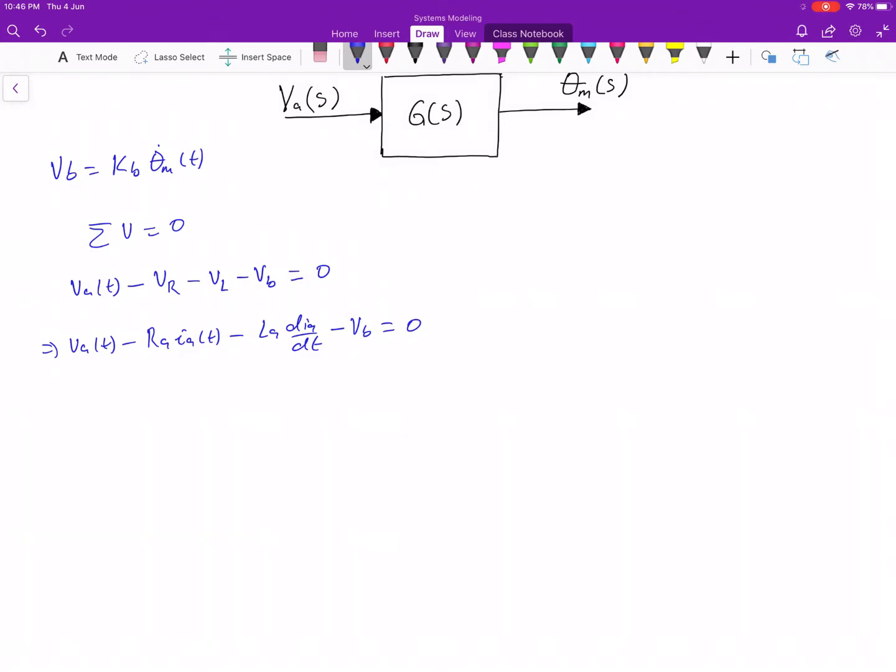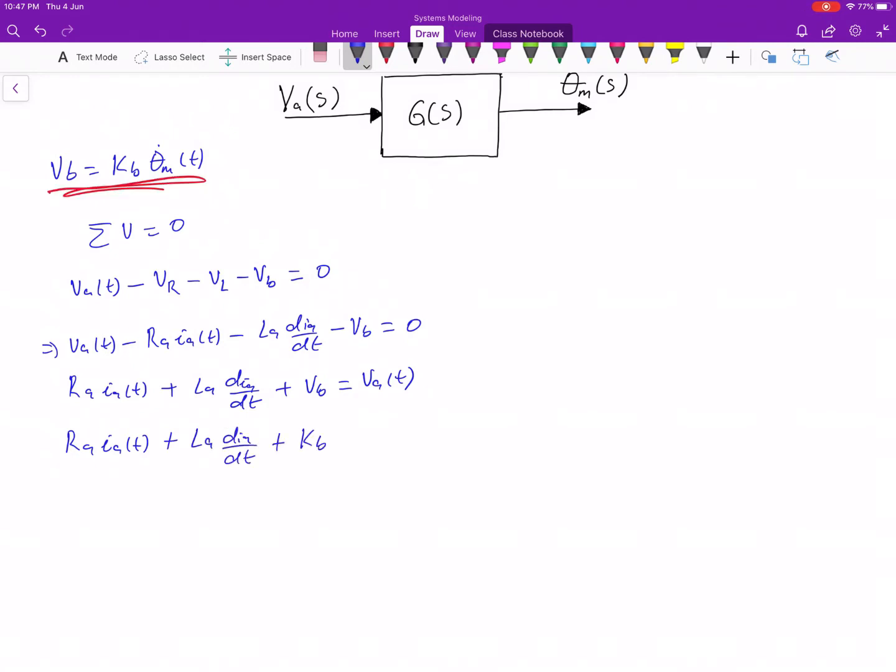So I can rewrite this as RA IA(t) plus LA dia/dt plus VB is equal to your supply voltage. So we can rewrite this equation, substituting our VB into the equation. So we are going to have RA IA(t) plus LA dia/dt plus KB theta dot m(t) is equal to our applied voltage.